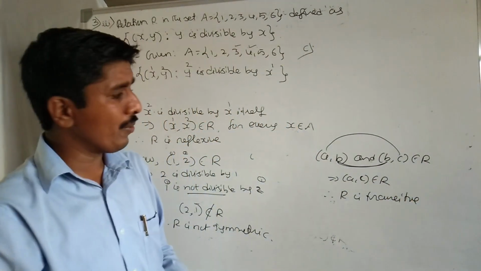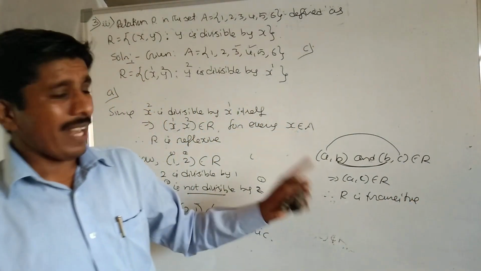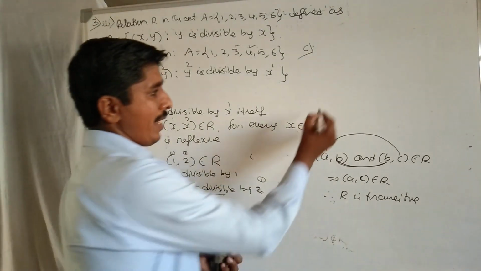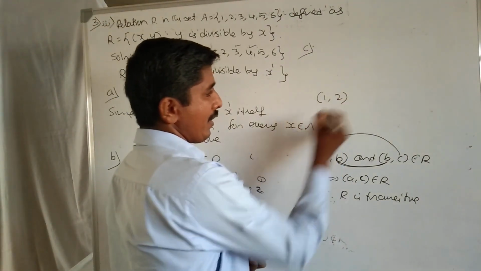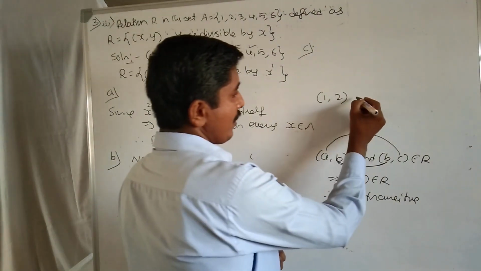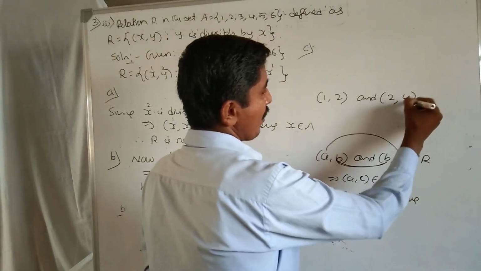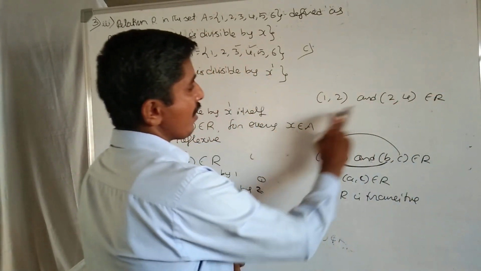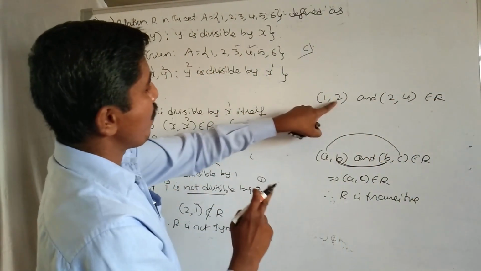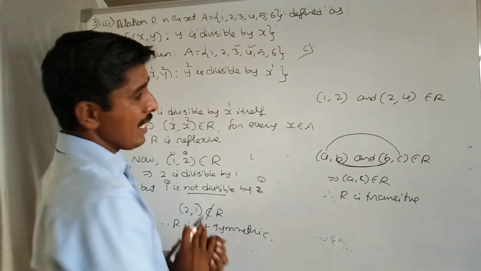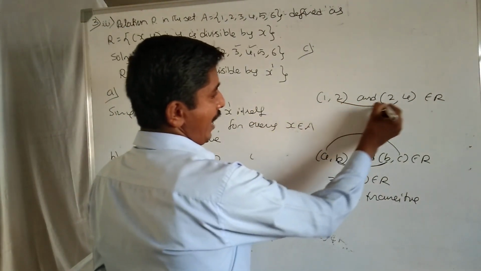For example, if you take some elements, I am taking (1, 2) and (2, 4) belongs to the relation. Here the middle elements are equal.